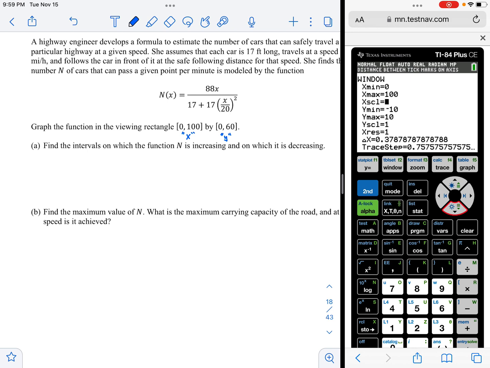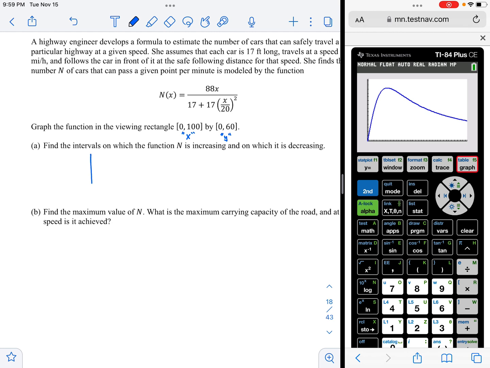You don't need to change your x scale unless you want to. And then it would be 0 to 60 for y, same thing with the y scale. So here's our graph. Remember the vertical axis is the capital N, the number of cars, and the horizontal is x, the speed.